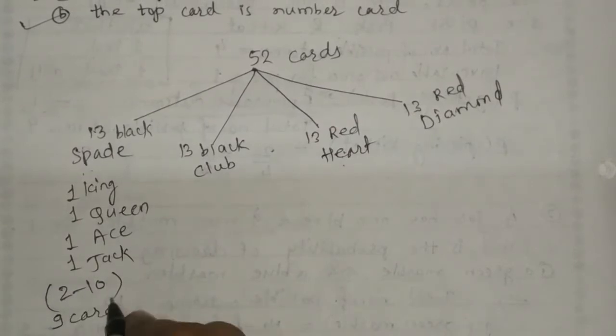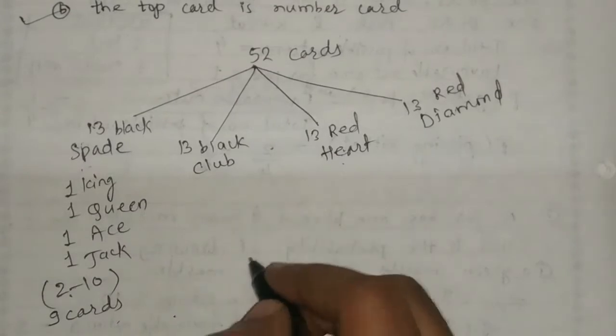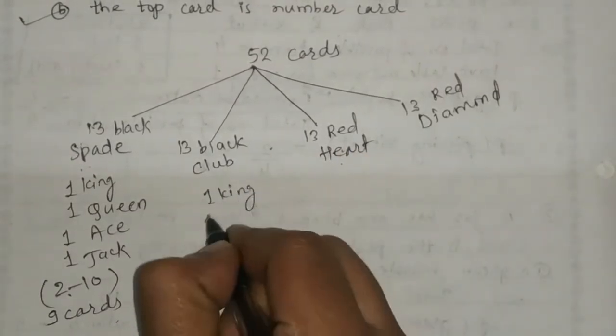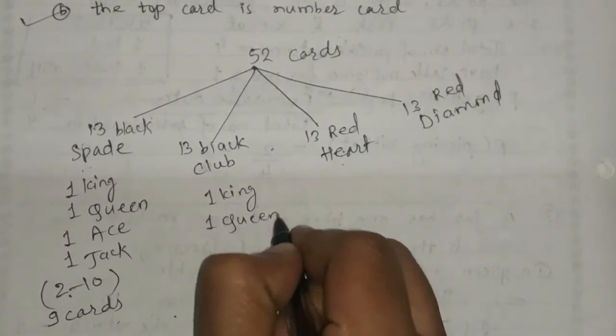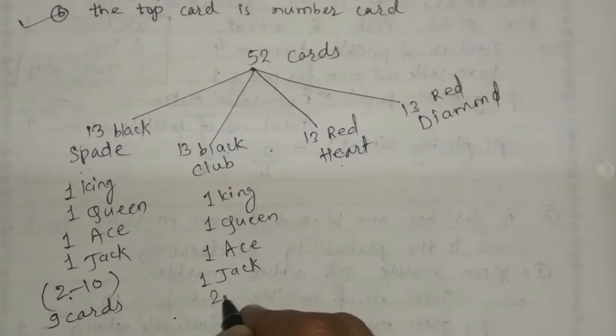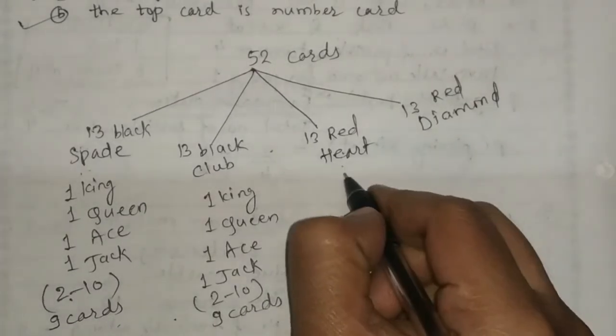9 cards are numbered here, which have numbers 2 to 10, and the same description holds here. Here also 1 king is there, 1 queen, 1 ace, 1 jack, and 2 to 10 cards, which are 9 in total.